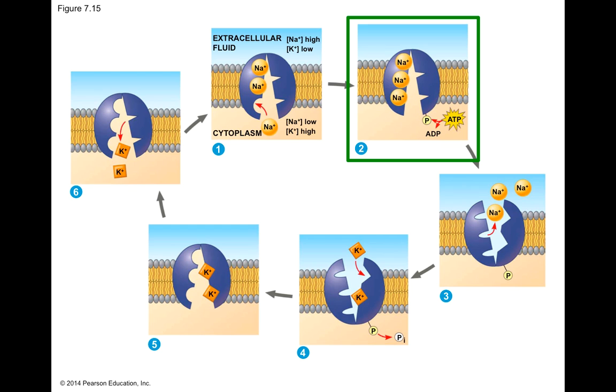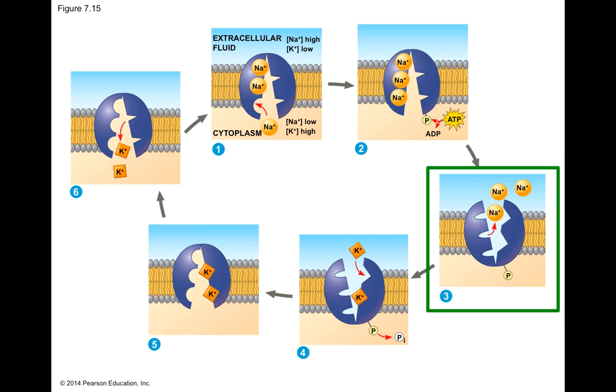This is called phosphorylation, and this basically primes the protein to do work. Phosphorylation will cause the protein to change shape, switching to being open toward the extracellular fluid. The sodium ions are released where they are in a higher concentration, so they're going against their concentration gradient.